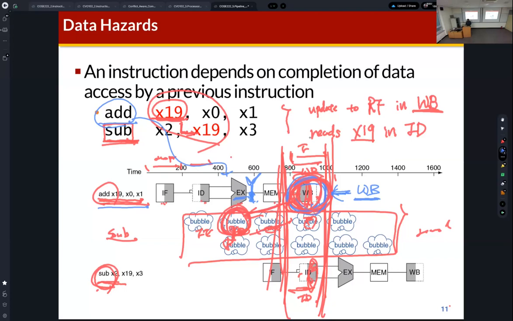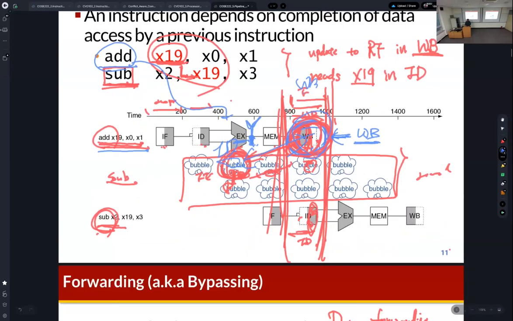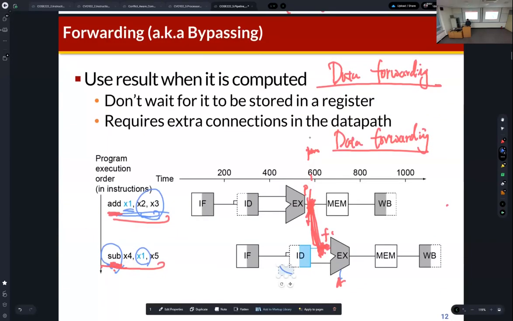So you can find some time gap between the write back and ID stage, so we can observe a data hazard. In order to avoid a data hazard, we can forward the data into some input of the ALU. So this is the data hazard.